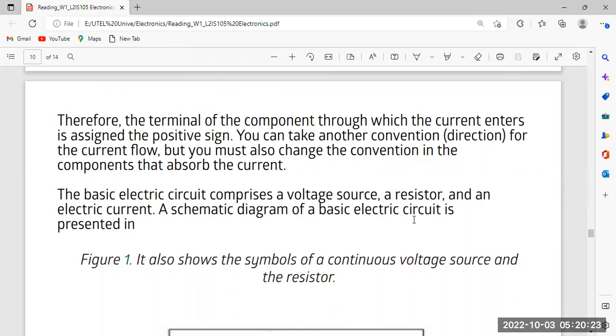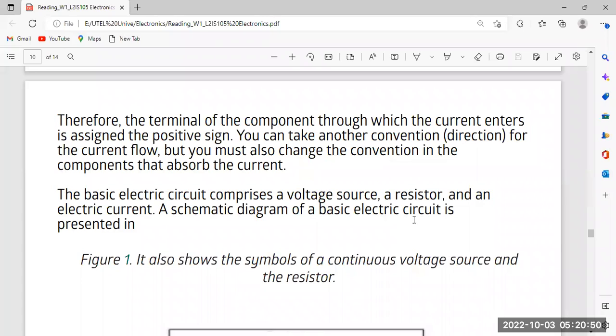But in the second case, when the current enters through the negative terminal, I have to reverse the polarities of the components that are absorbing the current. But in normal terminology, whenever the current flow is identified, the current which enters the circuit is always through the positive terminal.